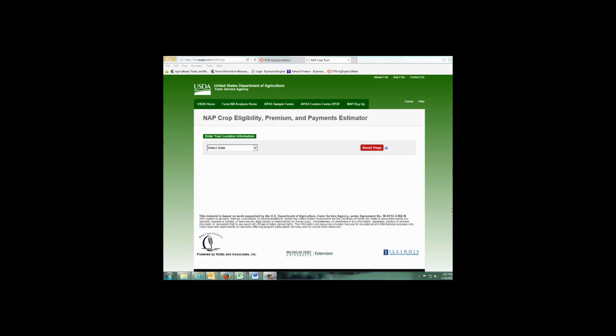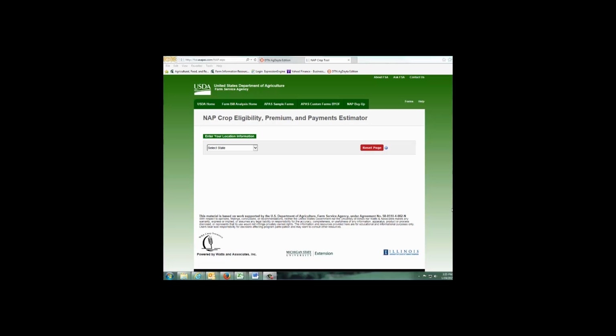However, anytime there's a pilot program, you're also allowed to use the NAP coverage. So let's go through a list. A crop is eligible for NAP coverage if any of these three conditions exist.